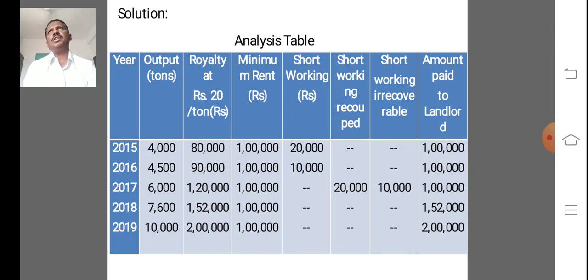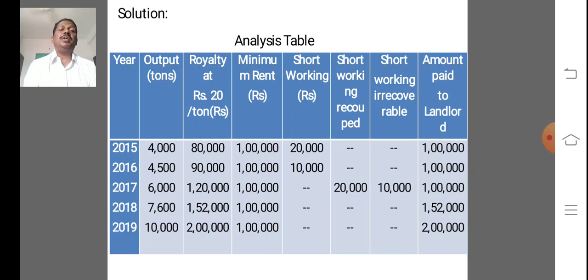So the difference is 1 lakh minus 90,000, 10,000, and payment to landlord 1 lakh. In the year 2017, output is 6,000 and royalty at rupees 20 is 1 lakh 20,000. In this case royalty is more than minimum rent, so the 20,000 difference is treated as surplus.